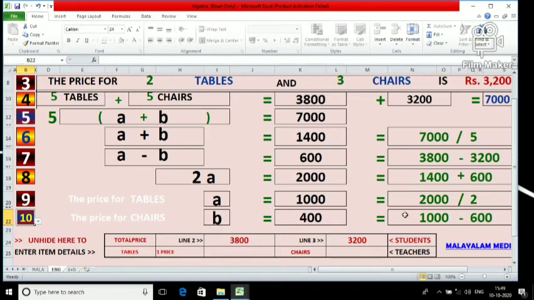How? We know the price of a table is 1,000. The difference between table and chair is 600 rupees. 1,000 minus 600 is equal to 400. So we have found out the prices of tables and chairs.